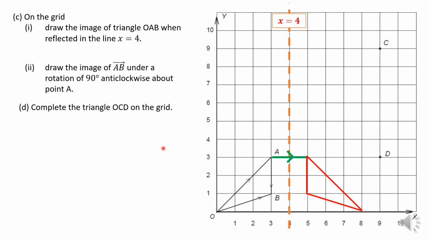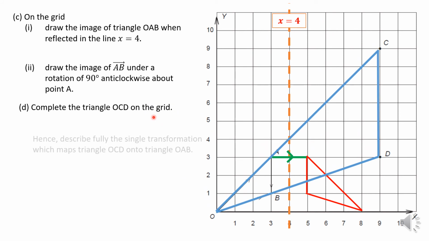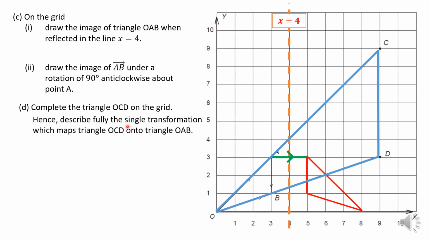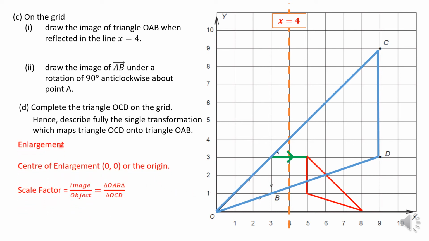Now they are saying complete the triangle OCD. Well, I completed it, so that's what you do. And they are asking you to describe fully the single transformation that maps OCD, the big one, onto the small one, OAB. So you can say it's an enlargement, and the center of enlargement is the origin, and the scale factor is needed.